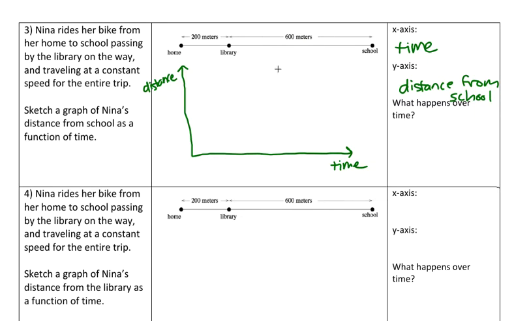So what happens over time? Well, if I'm thinking about school, she starts really far away from school because she's starting at home. So she's far away to start because she's all the way at home. And then as time goes on, she gets closer. She gets towards the library, and then from the library, she gets towards the school.